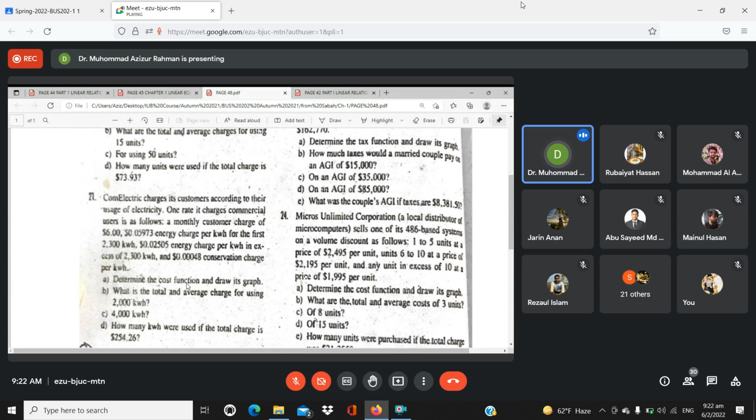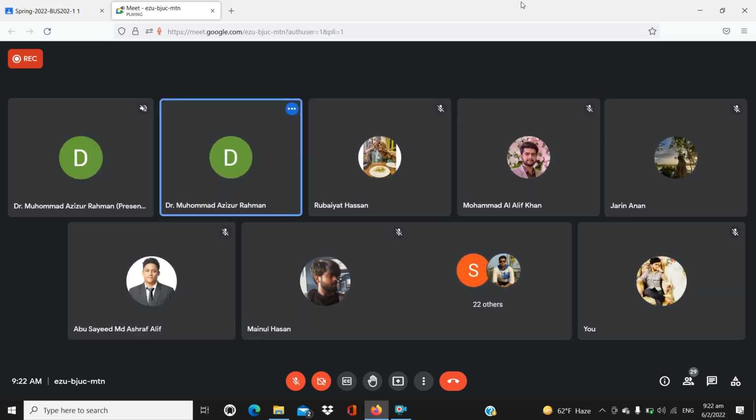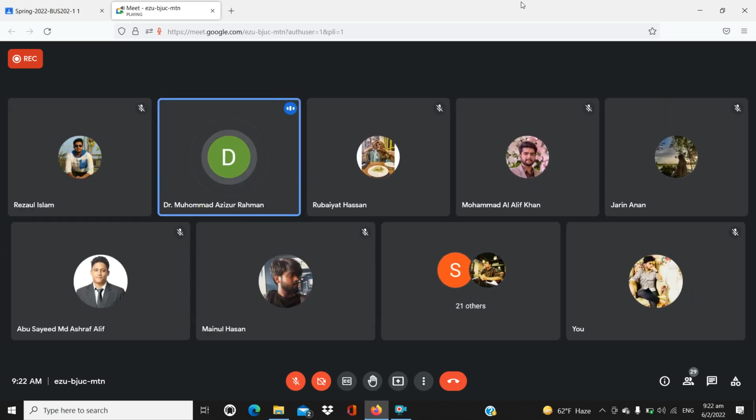Determine the cost function, then draw the graph. What is the total and average charge for 2,000 kilowatt hours? What will be the cost and average for 4,000 kilowatt hours? And how many kilowatt hours are used if the charge is this one? So this is also quite a similar problem.